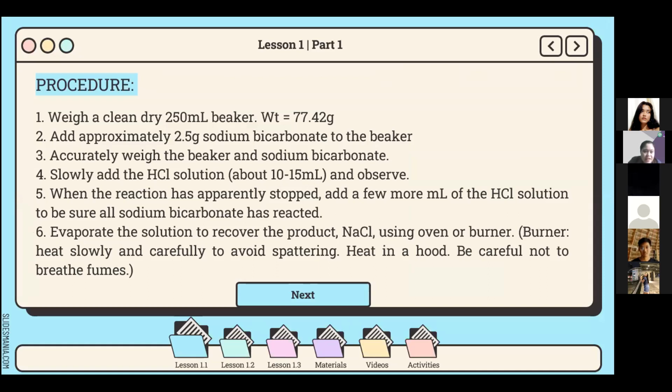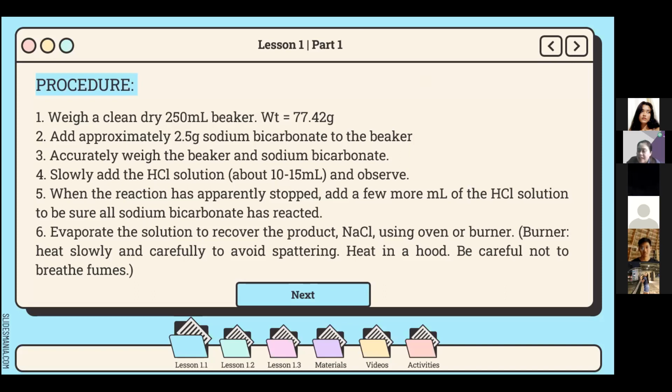What we have here was the reaction between sodium bicarbonate, and please take note that we already weighed the sodium bicarbonate beforehand before the reaction with the hydrochloric acid. In stoichiometry, even if you only know the amount of one reactant, you can always compute and predict the amount of the product or the products if there are many.